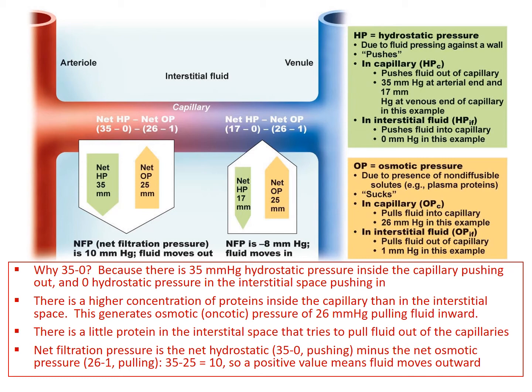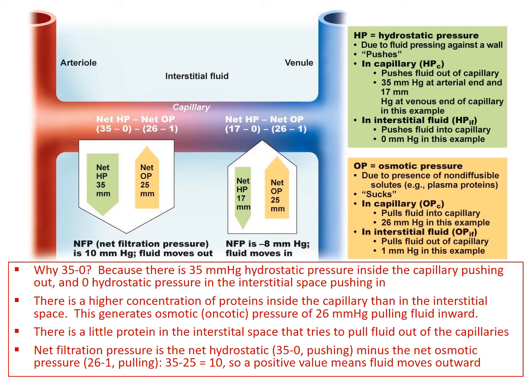Two things are going to happen as you move from an arteriole into a capillary bed. First of all, you're going to have extensive branching. That's going to increase the cross-sectional area of the vessels, and you're going to drop in pressure and you're going to drop in velocity of the blood.